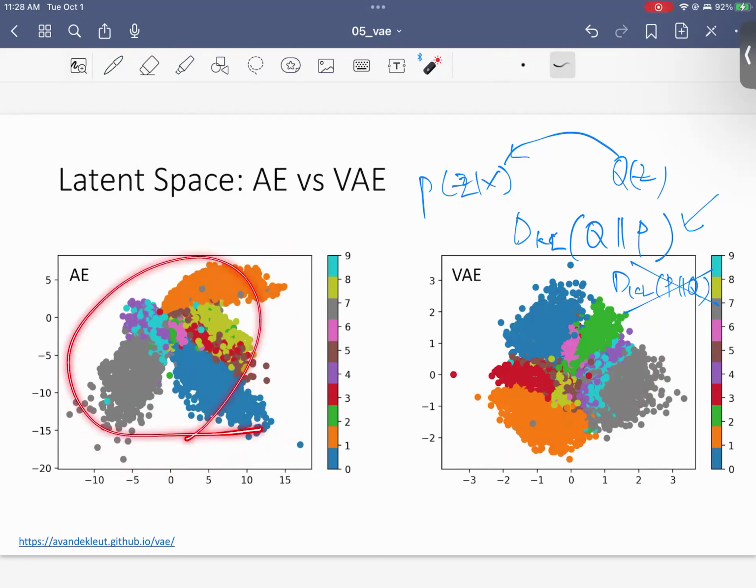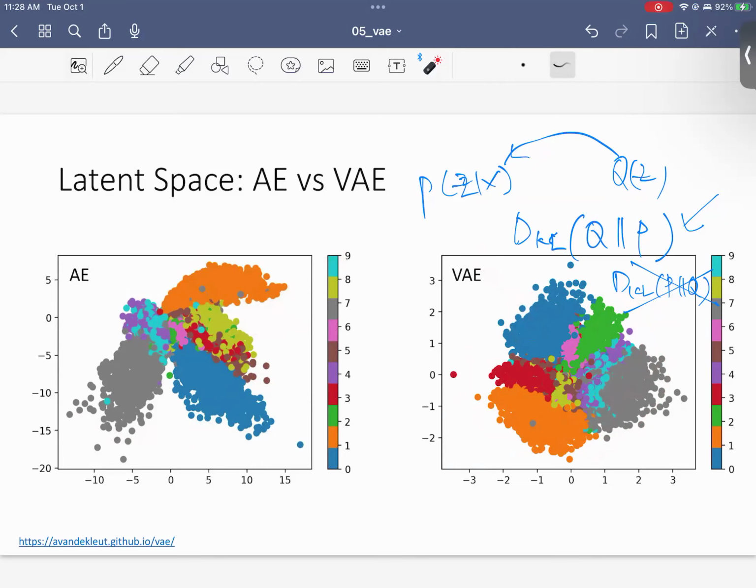Here, you can only focus on getting the best reconstruction possible. But here you need to care about two things: getting the reconstruction as good as possible, but also having your latent space shaped like the Gaussian distribution. So probably this one's reconstruction performance will be slightly worse than that one's.